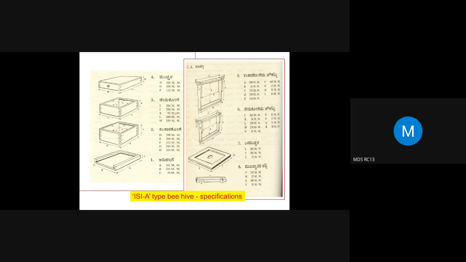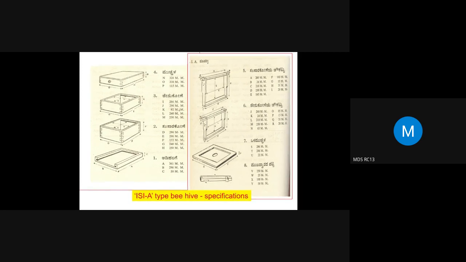Between the top cover and super chamber, we can also have an inner cover, which is used during maintenance to avoid the bees flying out of the hive. Another layer can also be used as an inner cover after the top cover.